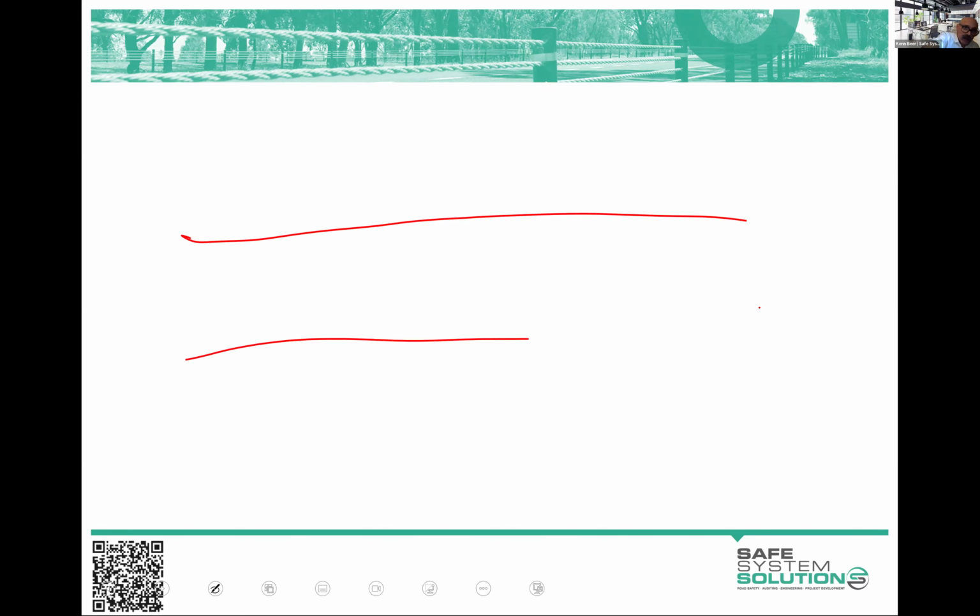Sometimes you might do a safe system assessment of a length of road that doesn't have any intersection. So then there's no exposure to intersection crashes. So we'll put a 0 for exposure to intersection crashes, and then we would think about the exposure to run-off road crashes. So we sort of chop this up.